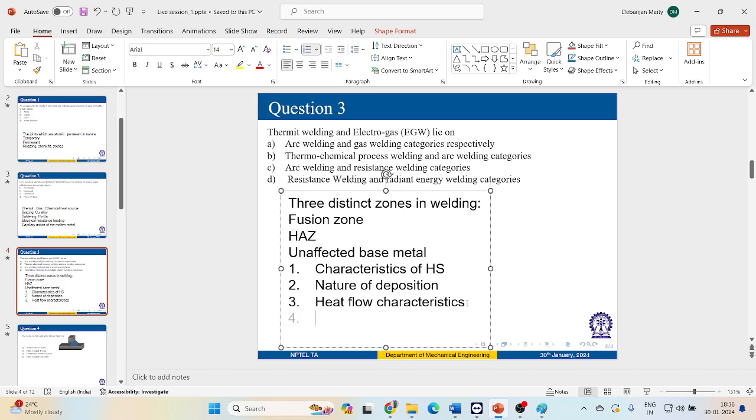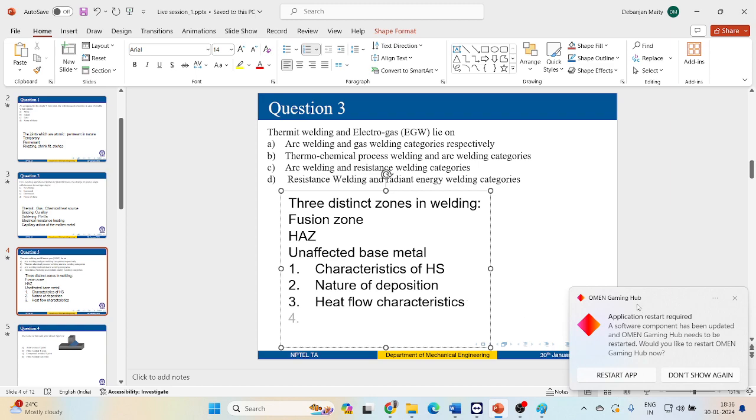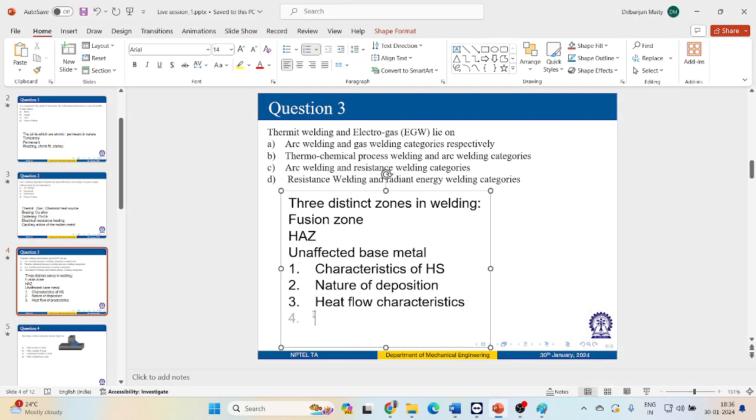People regularly do finite element analysis to understand what the temperature distribution will be in your weld structure, and in the heat affected zone. Depending on your material property and your heat flux input, your temperature will vary, and ultimately those temperatures will affect your metallurgical structure, right? It will affect the ductility or brittleness of your structure.